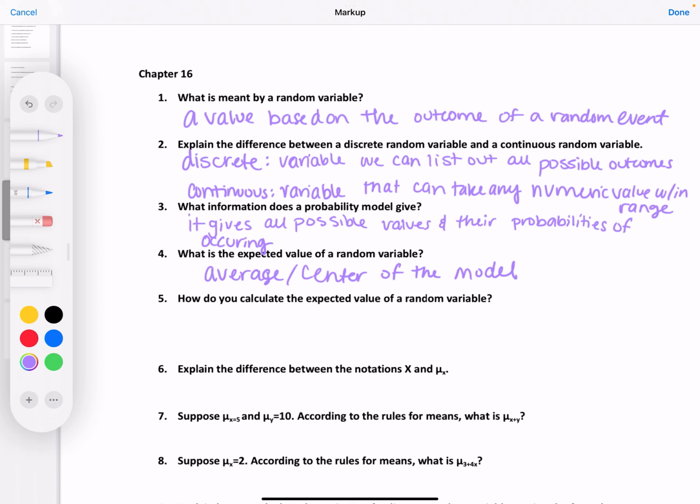So then how do you calculate the expected value of a random variable? We multiply each possible value by the probability that it occurs.